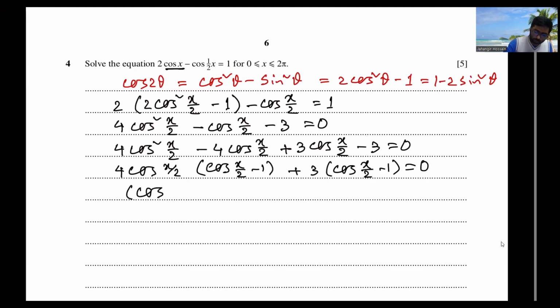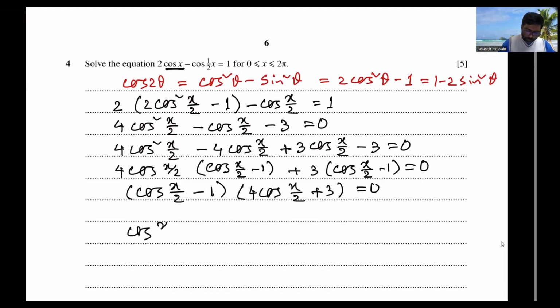After factorizing, we have cos x by 2 minus 1 into 4 cos x by 2 plus 3. So we have two different values for cos x by 2. One of them is 1, the other is cos x by 2 equal to minus 3 by 4.